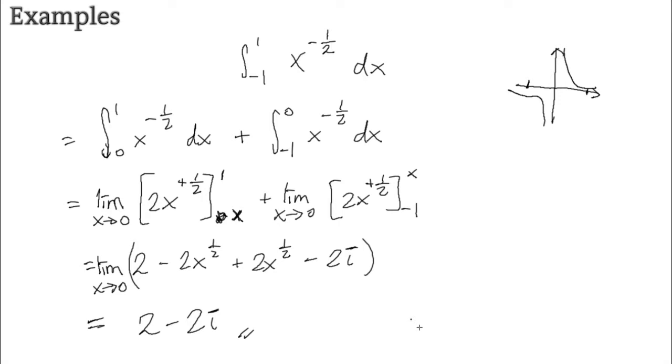This is the result of this evaluation. There are also others that require you to find a limit from an infinite to a 0 or something similar to that. You do the same thing with this limit.